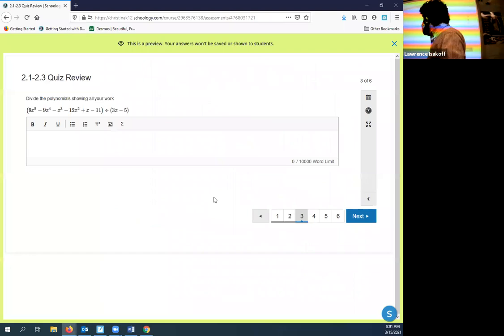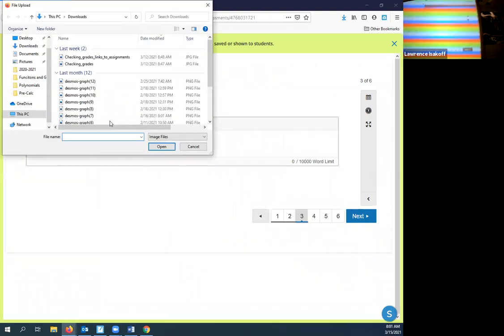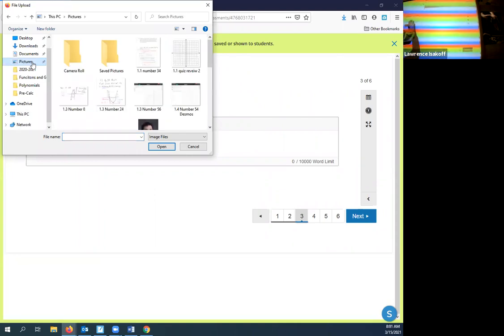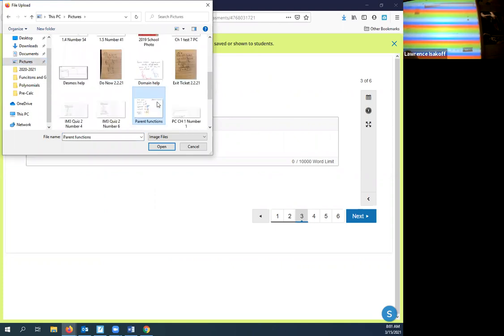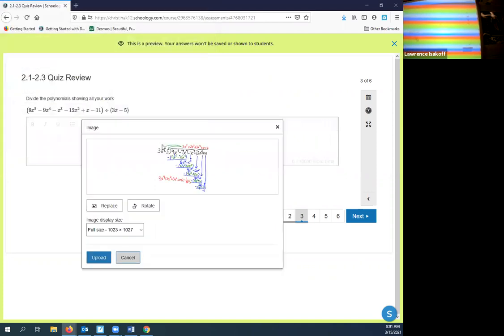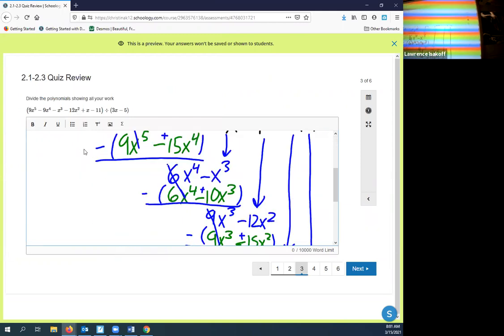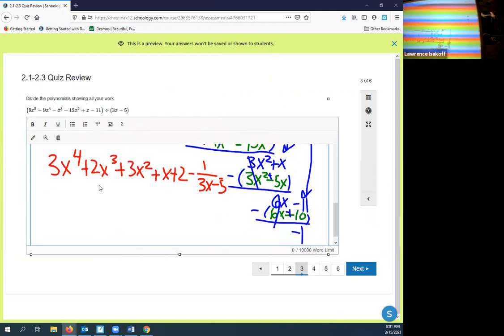So then on here, all I would do is choose, go to my pictures, and let's see where that is. Untitled one. There we go. Open. Upload. And then again, I can see all that work there. I will make sure to also upload a PDF of my work to you guys along with the video.